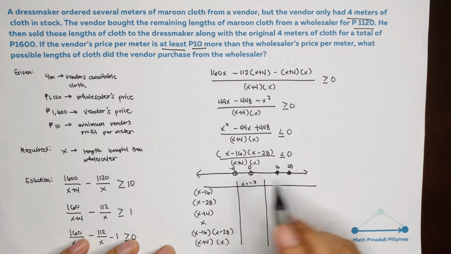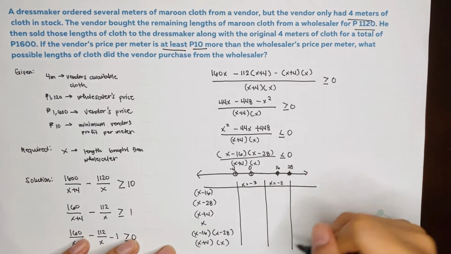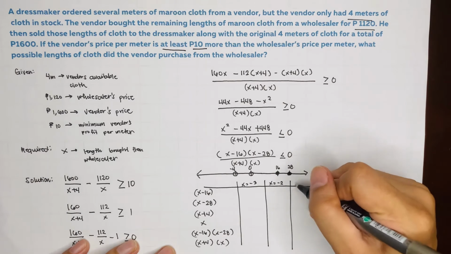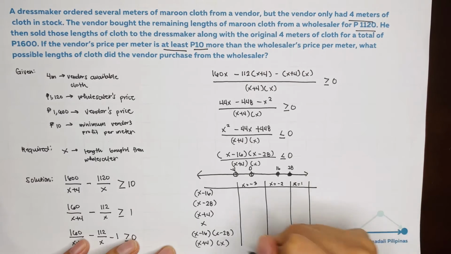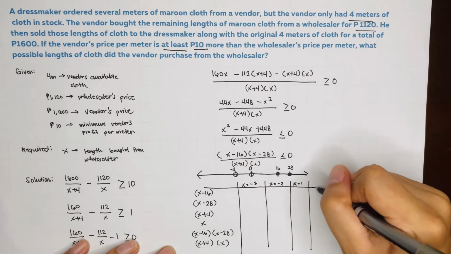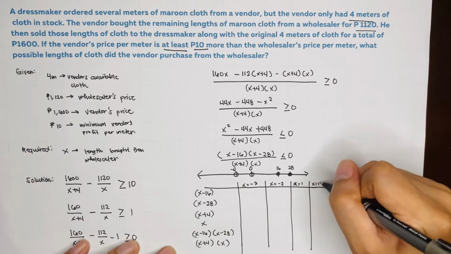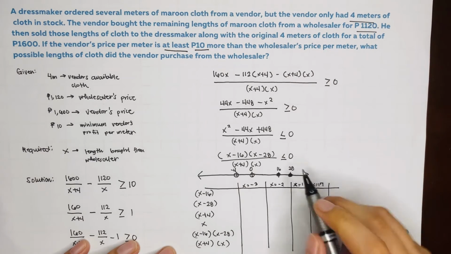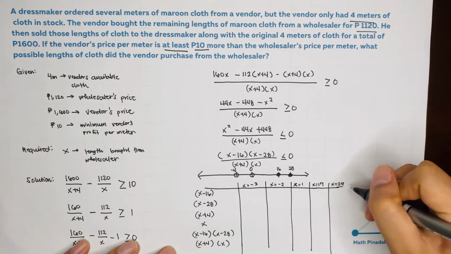Nasa pagitan ng negative 4 and 0. Negative 2. Next, pili pa tayo. 0 to 16. Pili tayo ng number. Let's say x is equals to 1. Then, pili pa tayo. From 16 to 28, let's try x is equals to 17. And lastly, from 28 and beyond, let's say x is equals to 29.